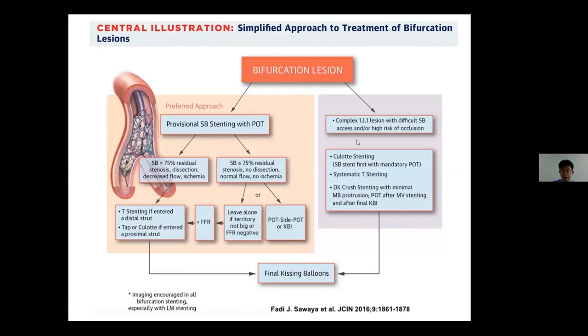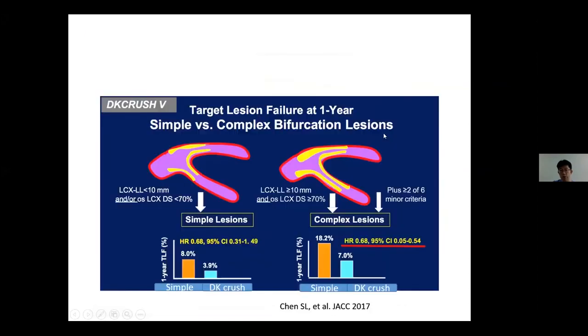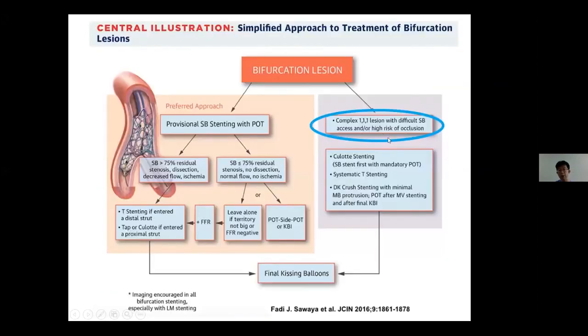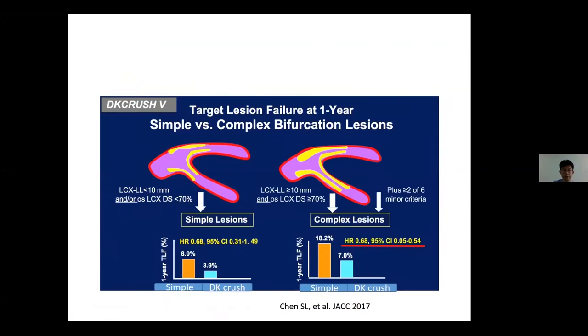This is the bifurcation guideline that recommends: if a bifurcation lesion is complex, with true bifurcation classification and difficult access and or high risk of occlusion, two stenting, culotte stenting or DK crush stenting is recommended. So the DK CRUSH V trial reported that in especially complex bifurcation lesions, DK crush is better compared to the single stent with kissing balloon technique, in one year TLF.